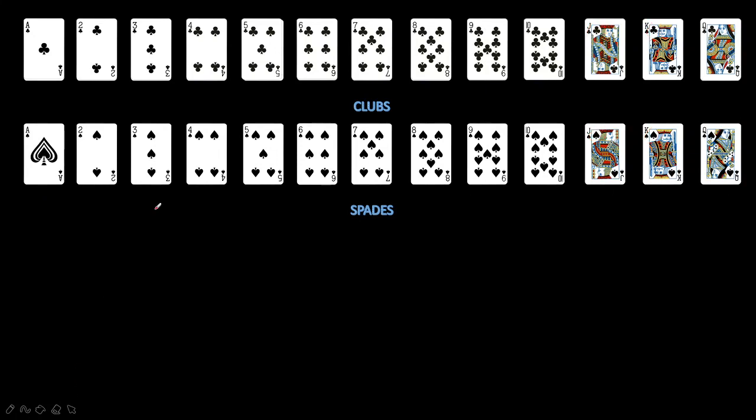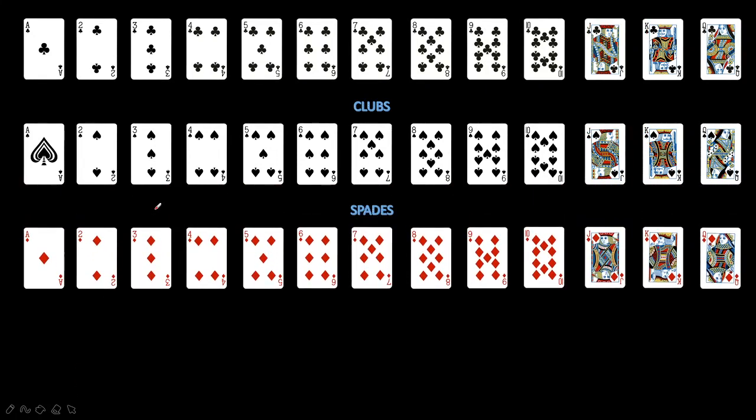Similarly, there's another set of 13 cards which is called diamonds, because the symbol is a diamond, but everything else is the same. It is the same order: ace, 2, 3, 4, 5, 6, 7, 8, 9, 10, jack, king and queen.